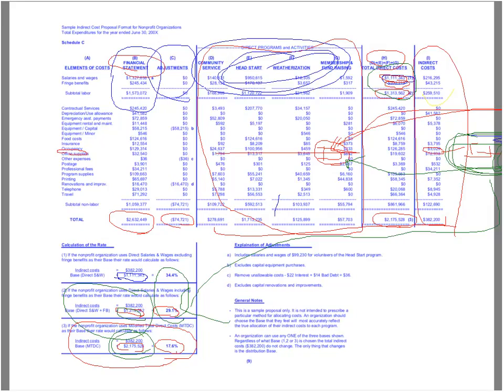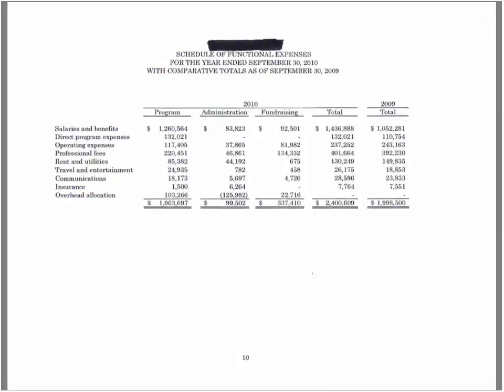And what they did, which you don't see here, what I showed you, is they roll up some of those different individual grants into an overall program. And of course, on their audited statements, the auditor made it real simple. They just had one amount for program, one amount for administration, one amount for fundraising, and then they get the total. That's how they did it.